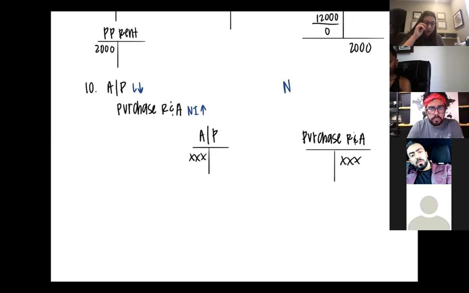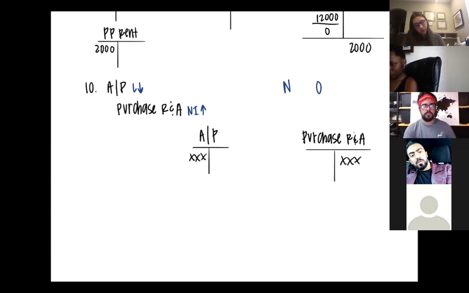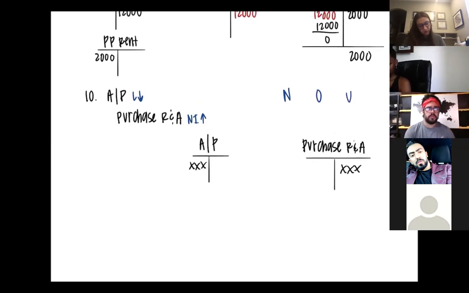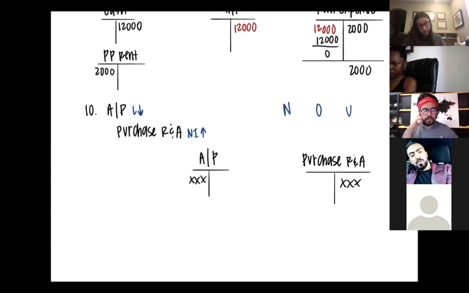In terms of liability, it should have been lowered and it wasn't, so it's overstated. In terms of purchases, just like we did in the first one, we have to unexpense, we have to give some of our expenses back, right? So if we're taking away some of our expenses, then our net income is understated. Everyone good on this one?